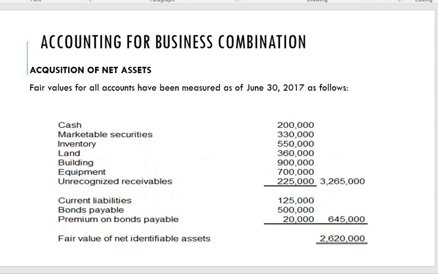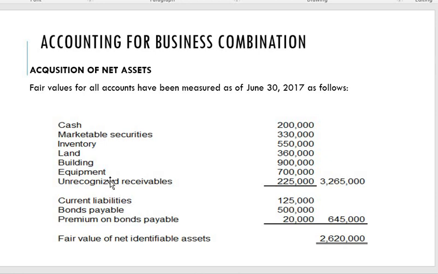Also presented here are the total assets and liabilities at fair value. The total assets at fair value is 3,265,000 and the fair value of the liabilities is 640,000.